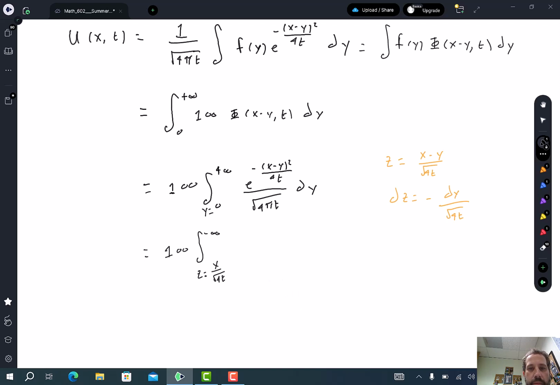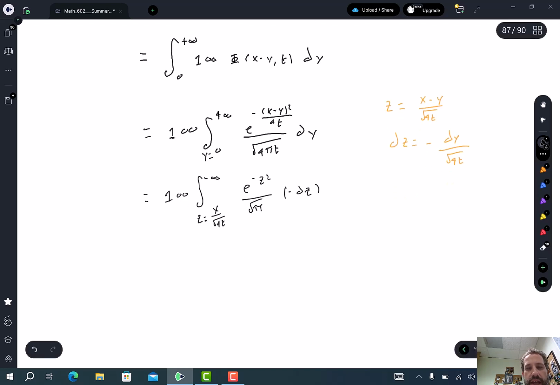And then I'm going to have e to the minus z squared. And notice dz is equal to minus dy over the square root of 4t. So I'm going to keep my square root of pi here, but this is now going to be minus dz. Okay, so I've got a negative that I'm multiplying the integral by, and I have this weird thing where I have minus infinity in the top limit.